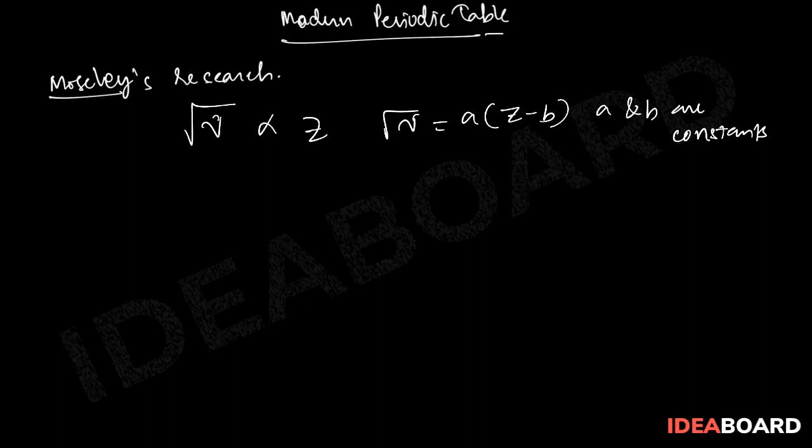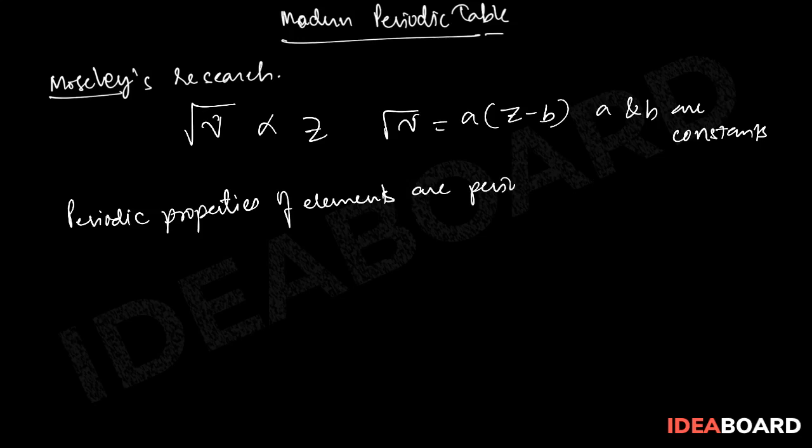After that, the modern periodic table and modern periodic law were devised. The modern periodic law states that the periodic properties of elements are periodic functions of their atomic numbers.